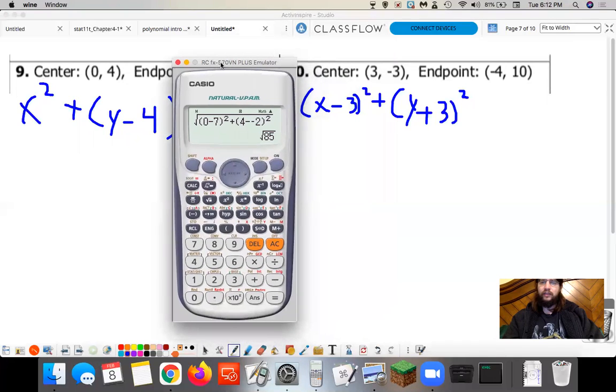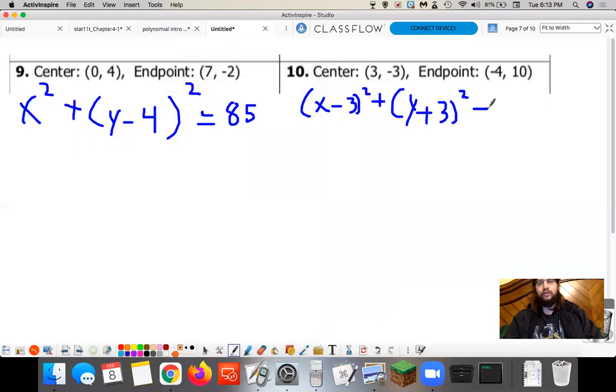It's going to be a rather large number. (3 minus -4) squared plus (-3) is 10 squared. And we get 218. Well, square root 218, so 218 is what's equal to the square of the radius. Easy stuff, right? Not too bad.